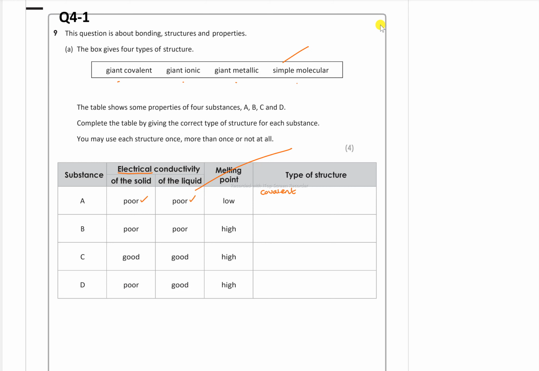Now, it can be either that or that. Because it's got a low melting point, it's going to be simple molecular, and the only option they've got that is there. So we don't need the word covalent in there now.